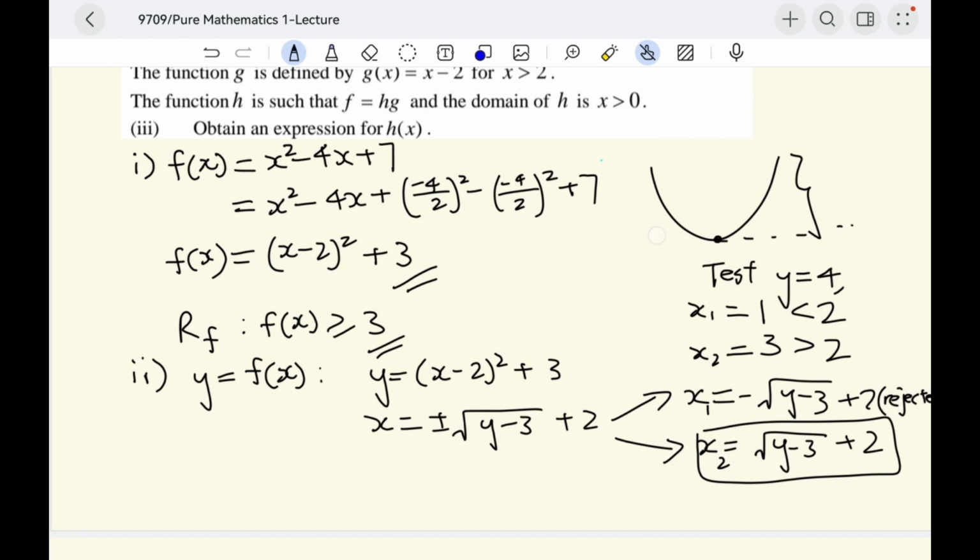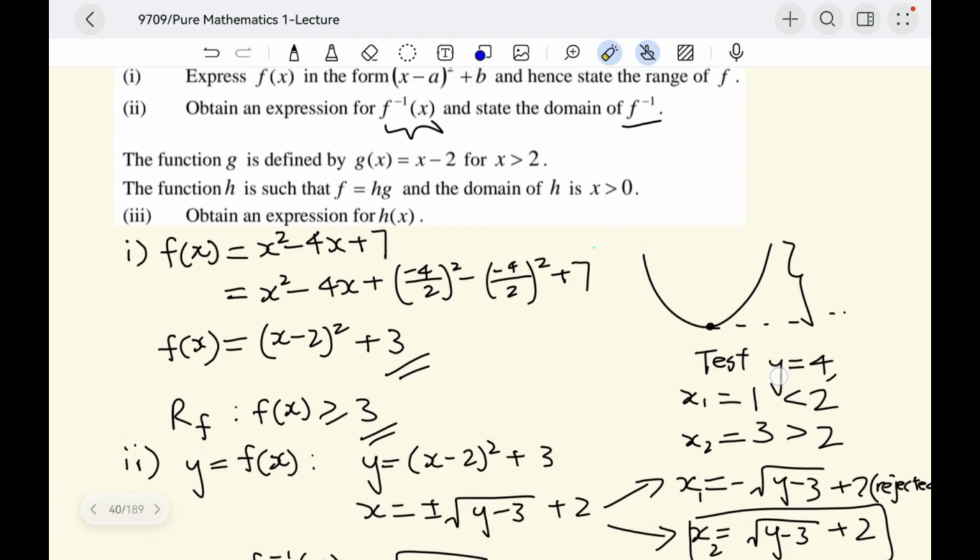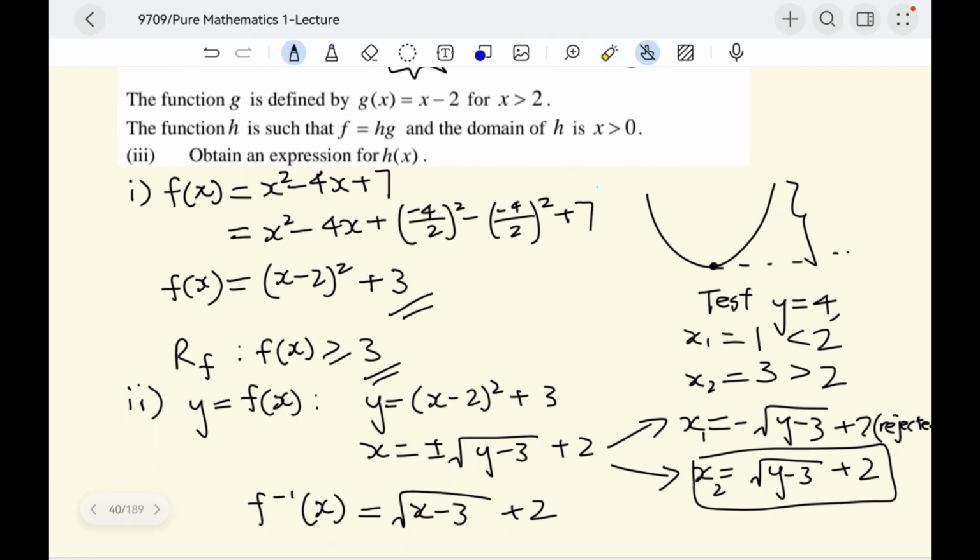Therefore, your inverse f(x) will be the square root of x minus 3, plus 2. After you have carried out the inverse process, don't forget to convert back into inverse form, and also write x. Don't make this careless mistake. Be aware.